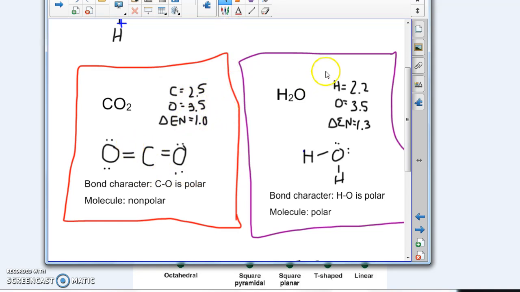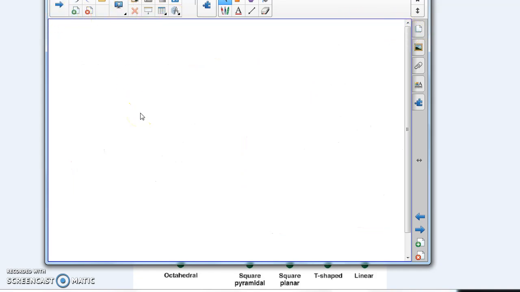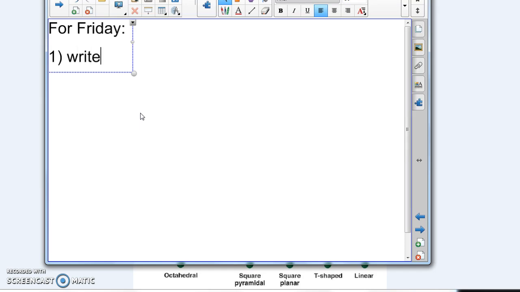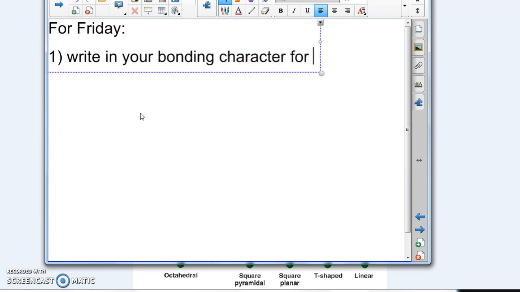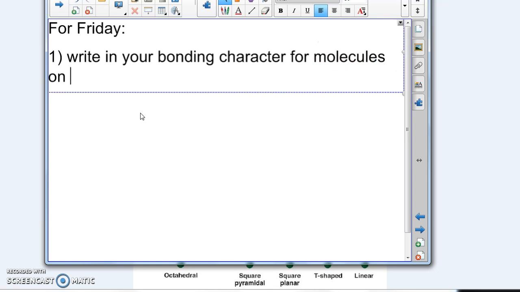What I would like you to do for Friday: number 1, write in your bonding character for molecules on that same worksheet that we've been working through, on that Lewis structure worksheet.